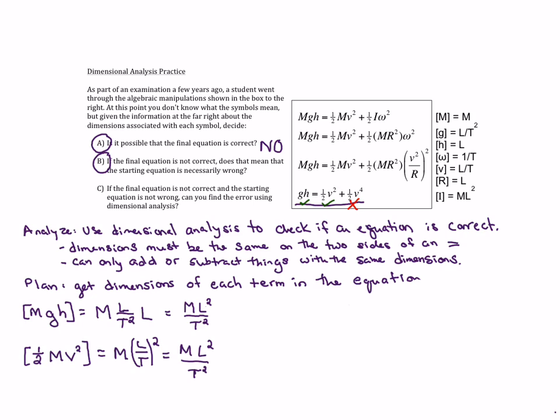And let's just do that last term. A half I w squared. We'll learn later in the semester that this particular w is called an omega, but you don't need to know that for now. Again, the half doesn't have any dimensions. I we haven't seen before, and its dimensions, if we go look over here, are a mass times a length squared.